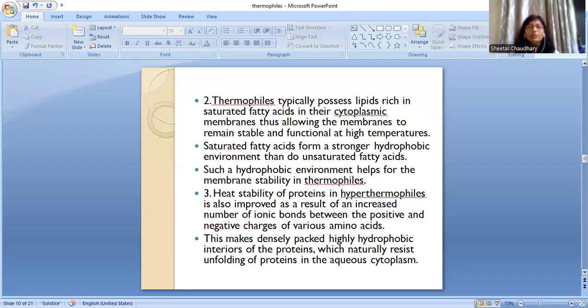Heat stability of protein in hyperthermophiles is also improved as a result of an increased number of ionic bonds between the positive and negative charges of various amino acids. This makes a densely packed, highly hydrophobic interior of the protein, which naturally resists unfolding in the aqueous cytoplasm.